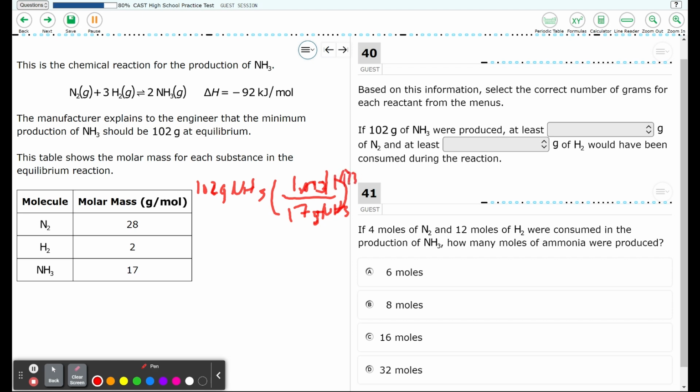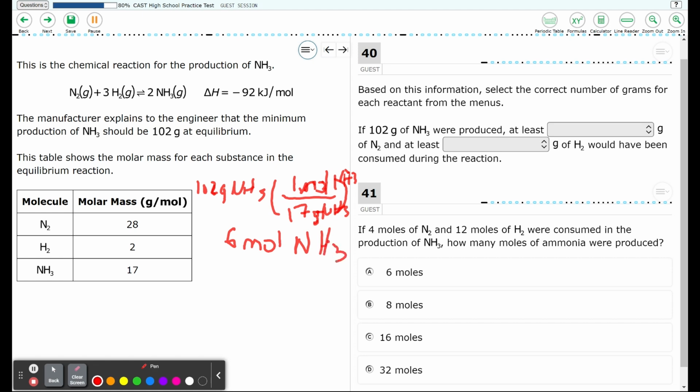Okay, so if we divide that, that gives us 6 moles. So we're trying to produce 6 moles of NH3.